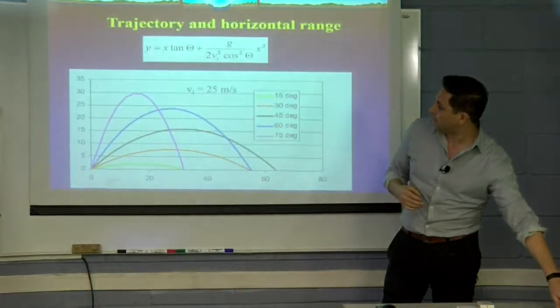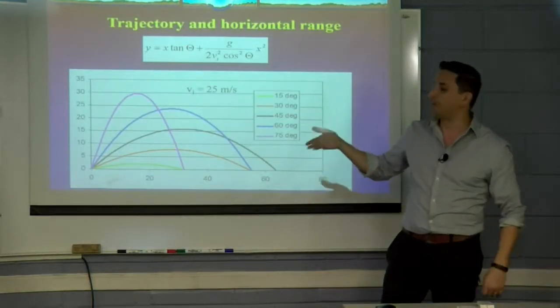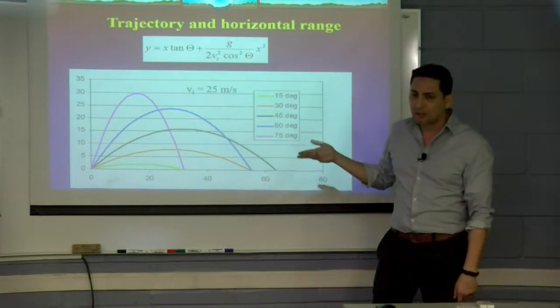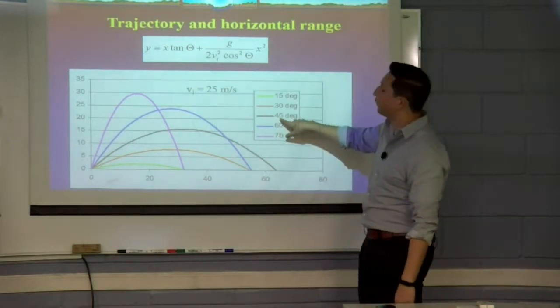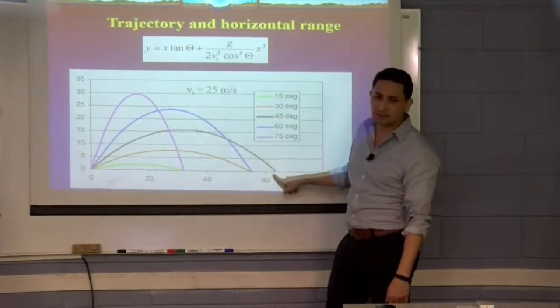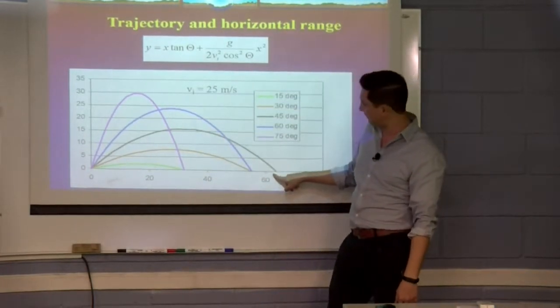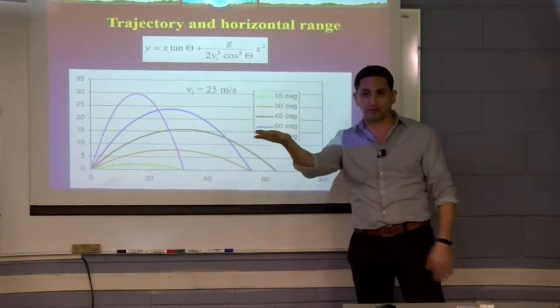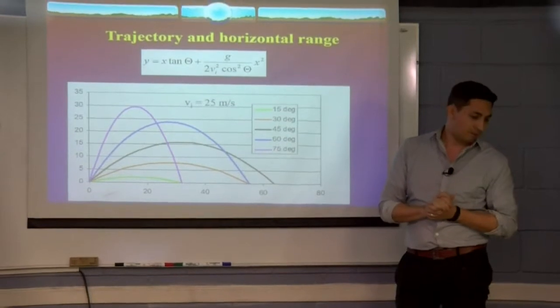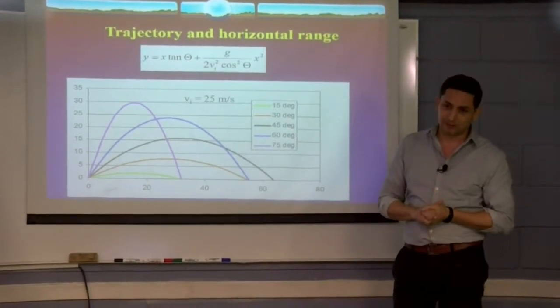Okay? Perfect. Now, these are some of the angles that you can use when you start with a parabolic motion. And as you can see, when you use 45 degrees, you get the greatest distance on x. Okay? This could be useful for you when you build your catapult for the science fair.